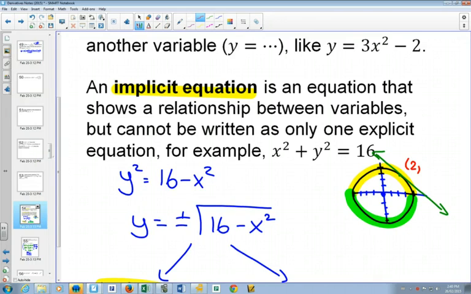Does that make sense? My x coordinate's 2. My y coordinate would be square root of 12, so that x squared plus y squared would still equal 16. Okay? For this equation, you need an x and a y to find the slope of this line, because if I just used x, I wouldn't be able to tell if I was talking about this point where x is 2 or this point where x is 2.